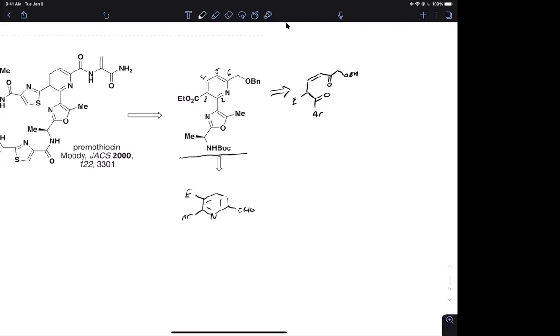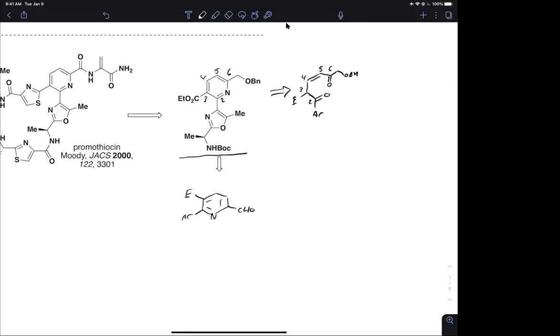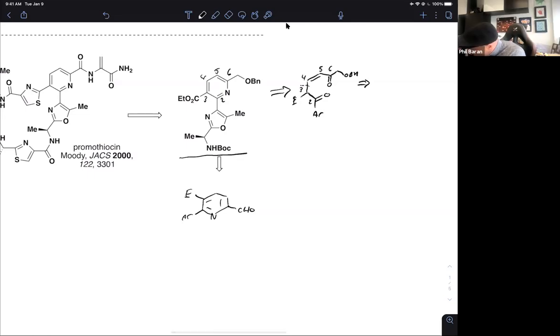So you'd want to condense. What's the logical disconnection? Tell me what the logical disconnection is for a system like that. Presumably you'd want to disconnect 3,4. Perfect. And do a conjugate addition.